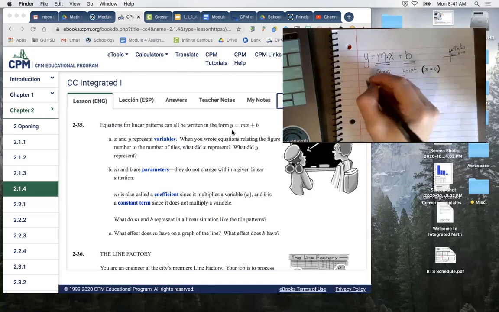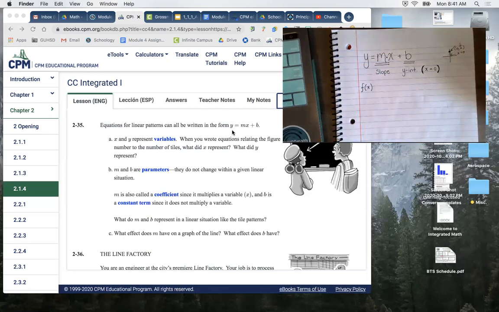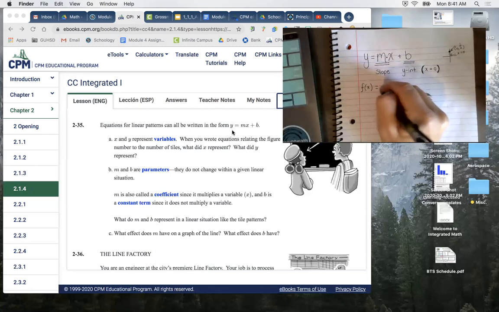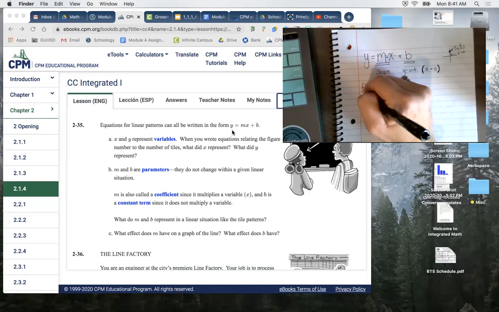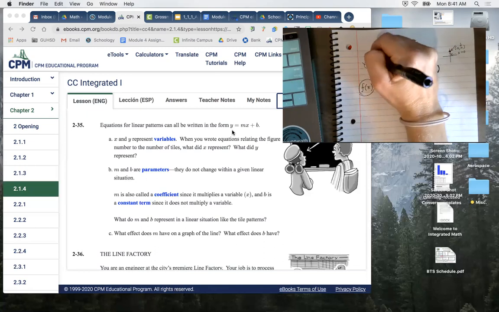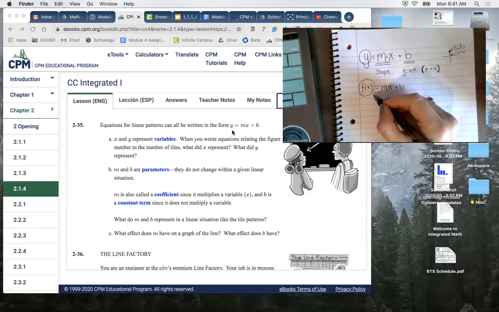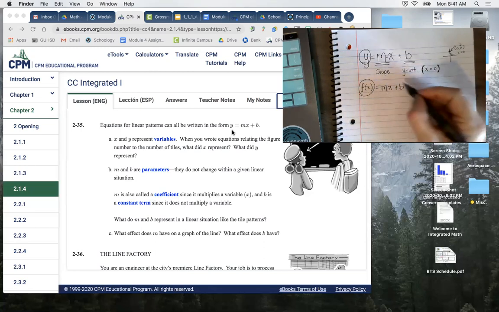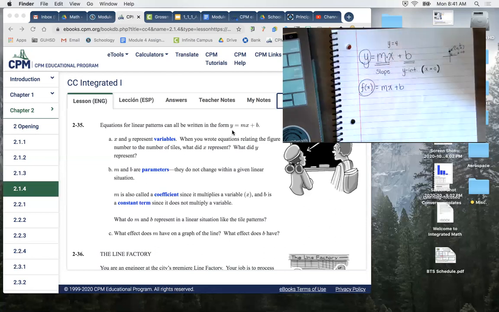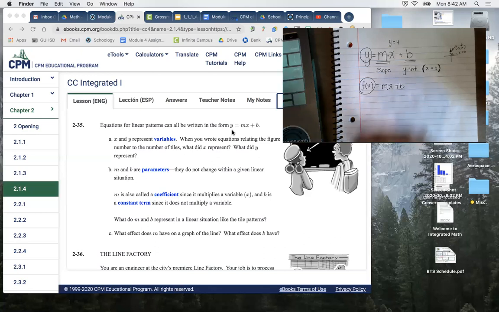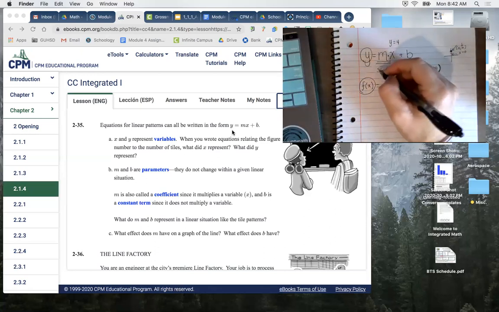When I say that there are two ways you're going to see it, we now learned this new way of f of x. Okay, is equal to, it's still the same though, mx plus b. I want you to understand that sometimes I will use y and sometimes I will use f of x. The reason that I use f of x and I prefer it is because at the end, if you tell me, oh yeah, y equals 4 because you plugged in 2 for x, well, I have to go back and search to find out what you plugged in for x.